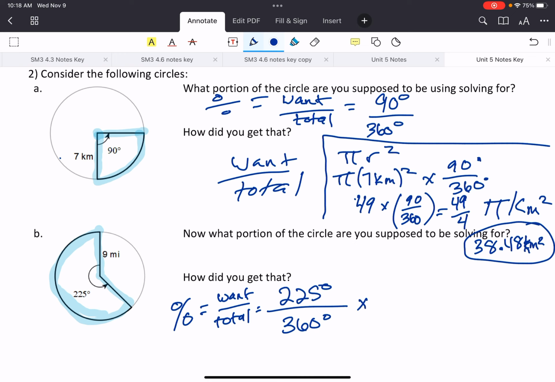And like we said before, we multiply this by the total area. Just like when we multiplied the total area of the room by the percent that we wanted to paint to get the area we wanted to paint.